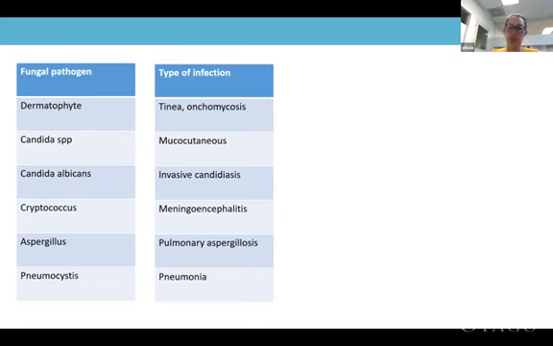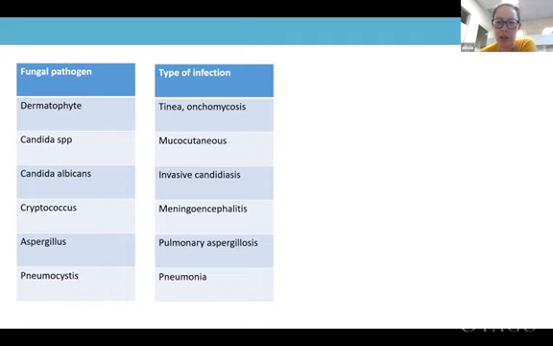And then the next column was patients who are at risk. So I'll just ask you guys if you can try and fill this in based on what we've just talked about. So dermatophytes, what types of patients get that? Lots of people, but also people that don't have good immune system. Yeah, so you're absolutely right.